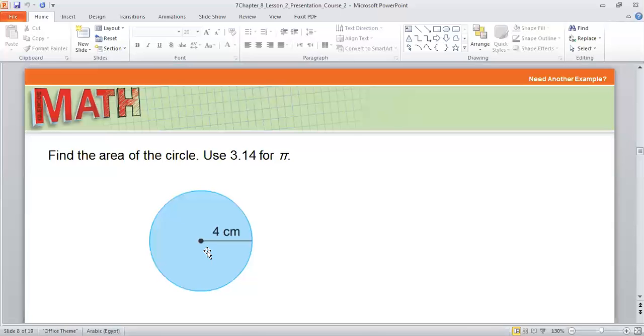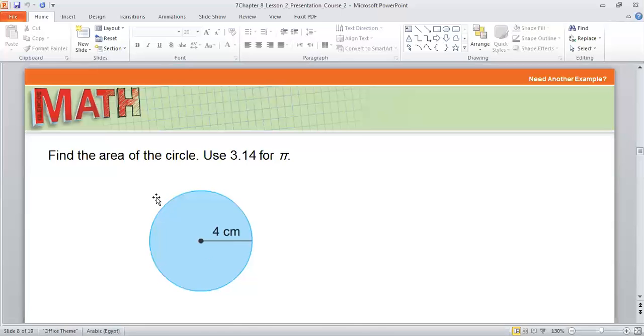Just wait, I will wait. 3.14 times the radius 4 power 2. So we'll write 3.14 times 16, since 4 power 2 will be equal to 16.